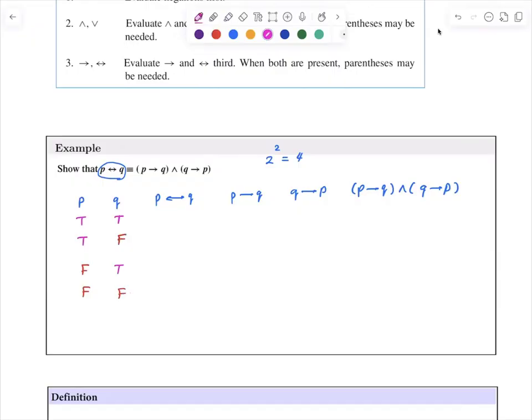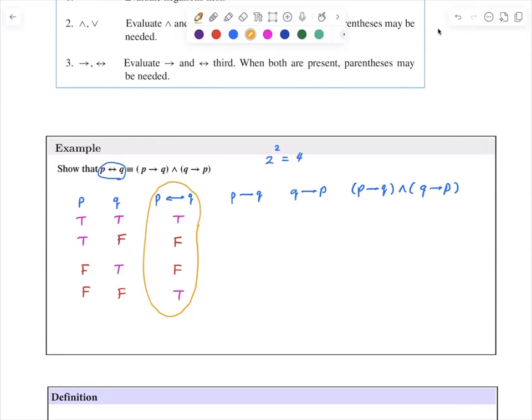By definition, true if and only if true is true. True if and only if false is false. False if and only if true is false. And then false if and only if false is true. This is by definition, correct? So let us keep in mind that we have this definition of the biconditional statement.